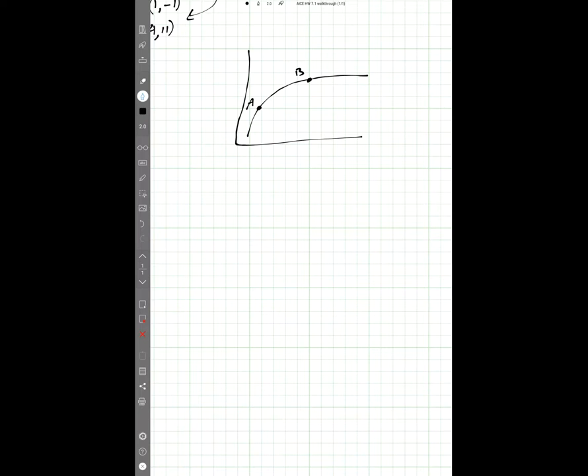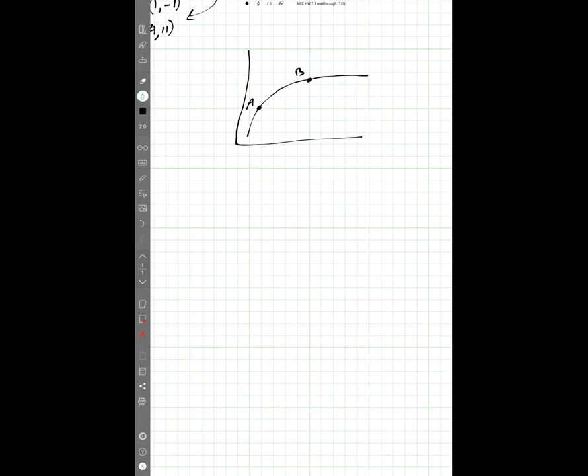A and B are there. For each of the points C and D on the curve, the tangent is parallel to AB.